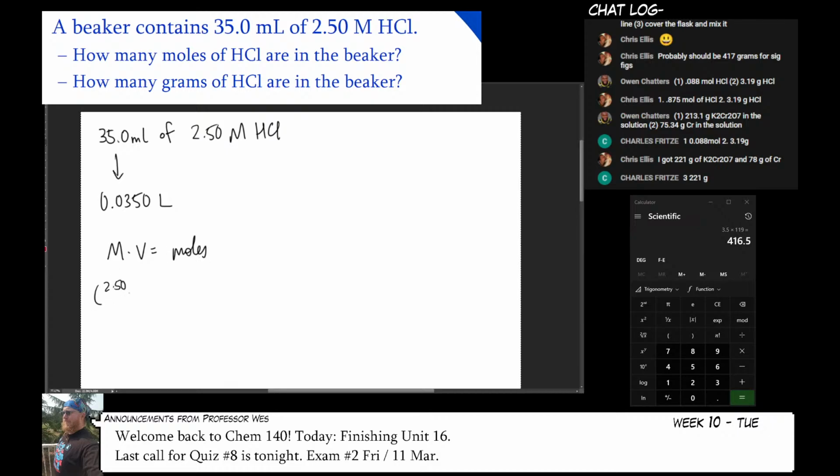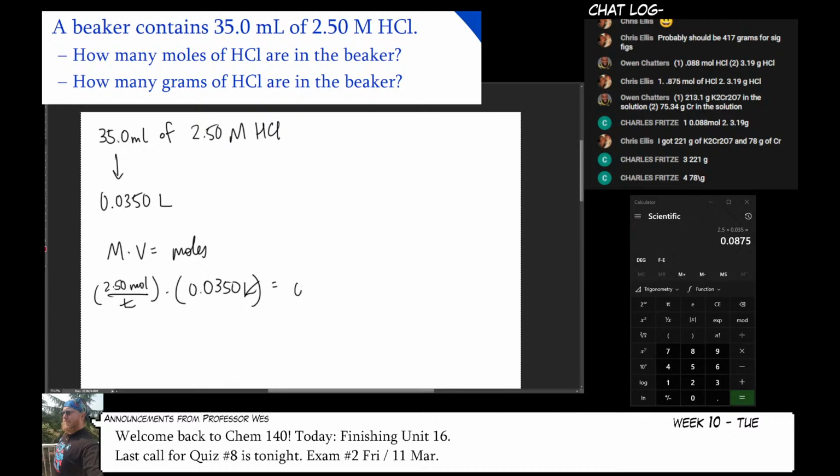So I have 2.50 moles per liter times 0.0350 liters, and those would cancel out. So how many moles of HCl would I have? 2.50 times 0.0350, and I get 3 sig figs, so I get 0.0875 moles HCl. So there's the answer to number 1.